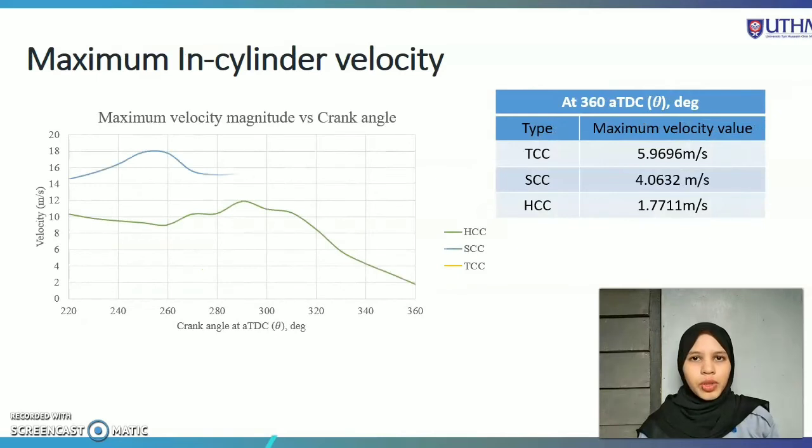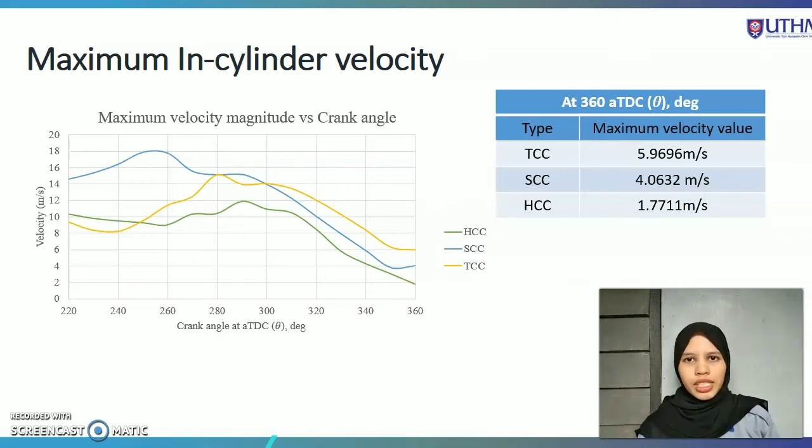Moreover, to investigate air motion for the air-fuel mixing process during the compression phase, a graph of maximum velocity magnitude versus crank angle is plotted. The crank angle ranged from the condition of fully closed intake valve to the end of compression phase. Based on it, at 360 crank angle, it is observed that the TCC model generates the highest velocity magnitude of 5.9 meter per second compared to the velocity of the HCC model that is 1.7 meter per second, which is 3.7 times lower than the TCC model.